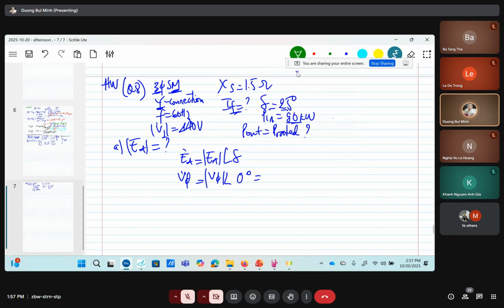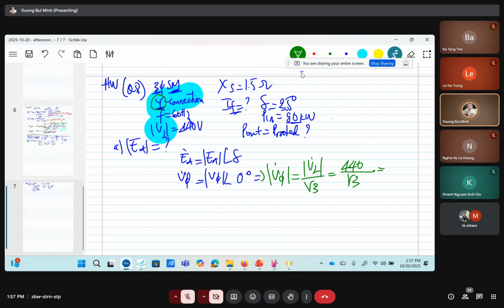They give us V line, so we can calculate V phase. V phase is V line over square root of 3 because this is Y connection, so 440 over square root of 3.